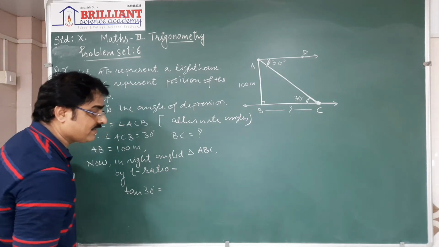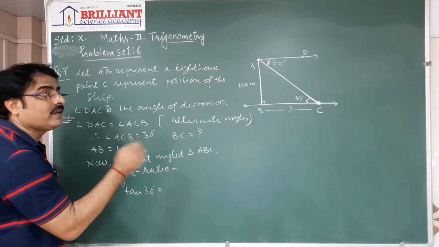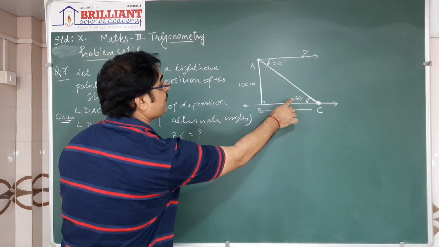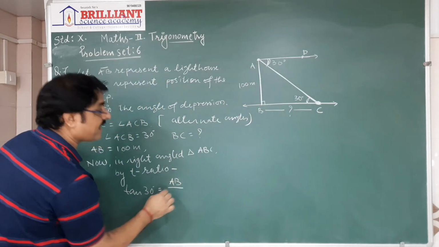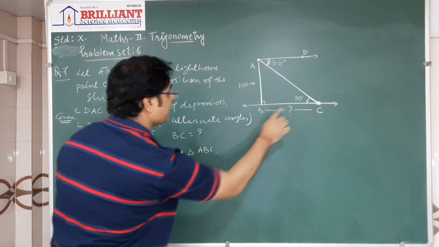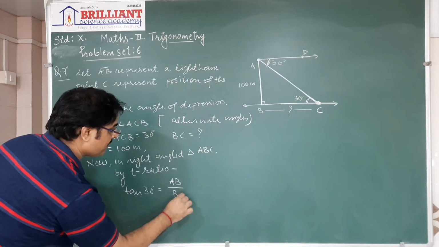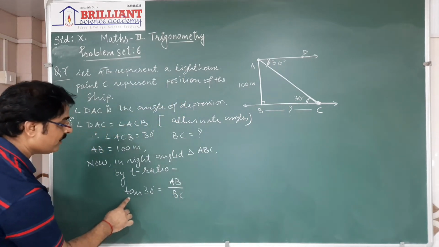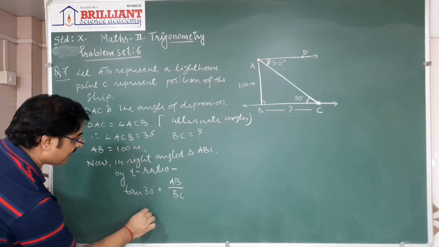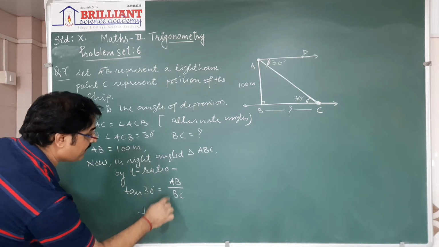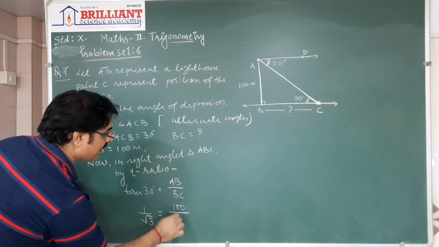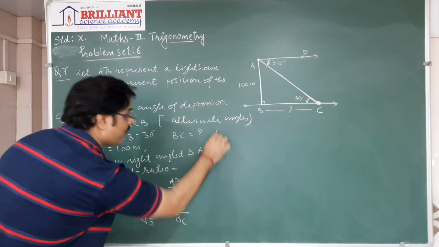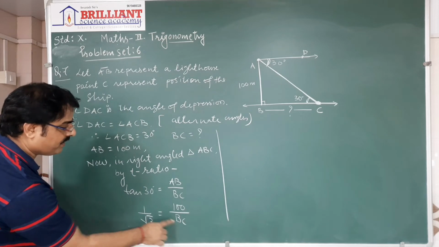What is the tangent ratio? Opposite side upon adjacent side. Which side is the opposite side? Side AB upon the adjacent side. Which side is the adjacent side? BC upon BC। Now you know the value of tan 30 is 1 by root 3 and AB is given, that is 100 upon BC.